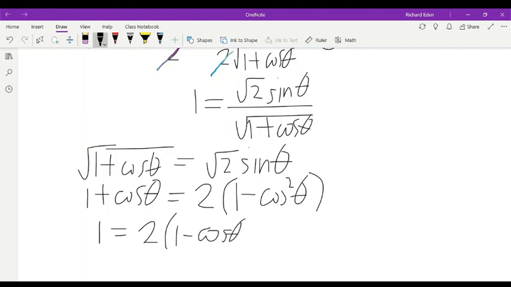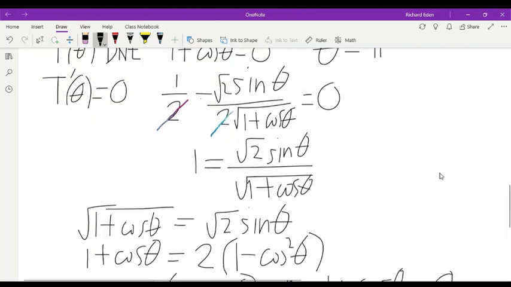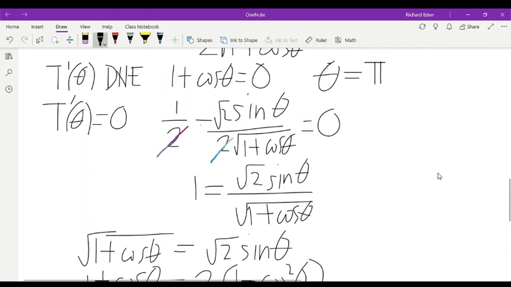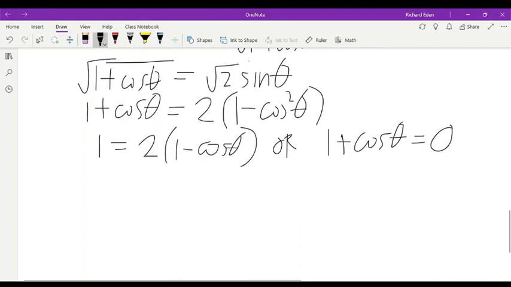Just to be clear, I was assuming there that 1 plus cosine theta could be used as a denominator, which assumes that 1 plus cosine theta was not 0. But what if 1 plus cosine theta is equal to 0? That was already something that we catered to above. If 1 plus cosine theta is 0, you would have theta equal to pi, but that's something we've already considered.